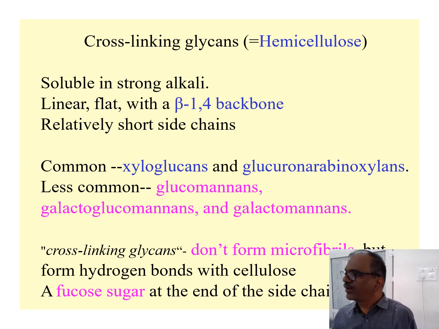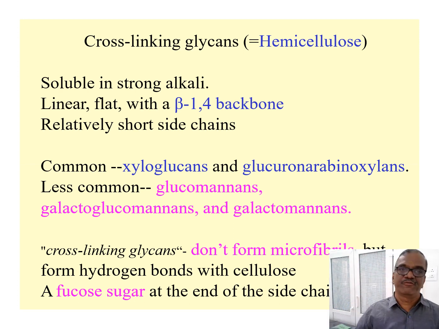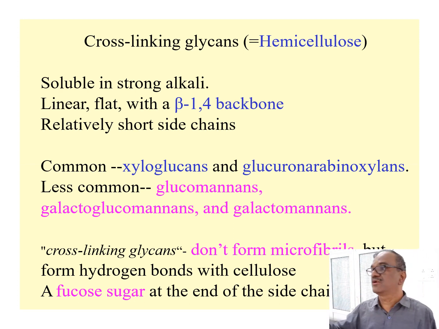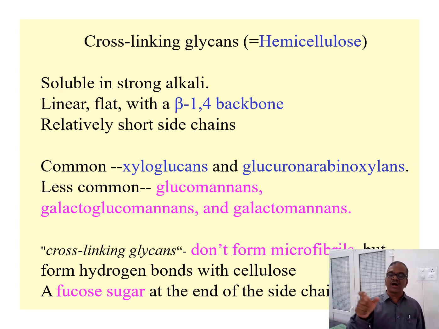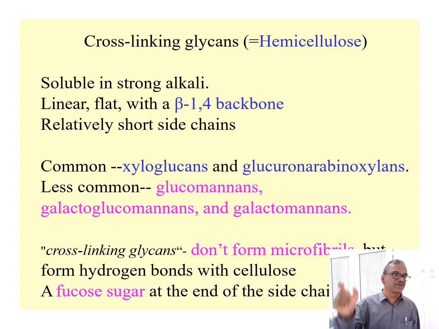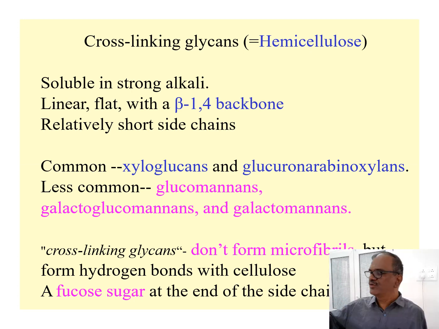Here also a beta 1,4 backbone is present, but the sugar molecule differs. Okay, the hexose molecule differs, various hexoses. So glucoarabinoxylans, arabinoxylose is one sugar, glucose is another sugar, they are attached, and they are very common, whereas the less common ones are glucomannan, galactomannan, leave that. Okay, one example, if you know that, that is enough.